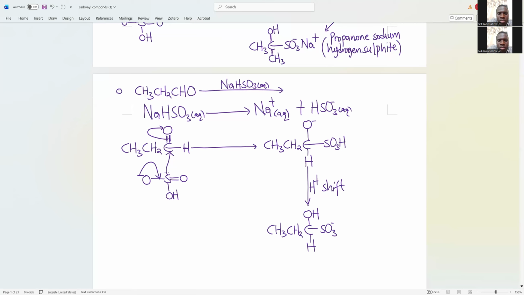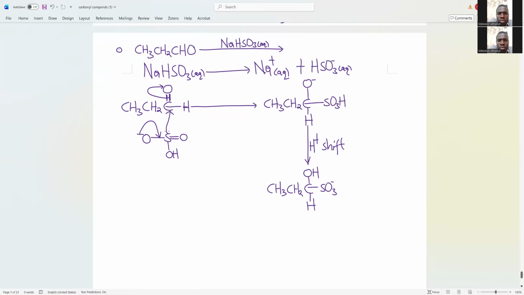Then at this level, I add sodium. On addition of sodium ions, since the solution is saturated, they are present in excess. They are added to that so that we get our final product. I have named a lot of compounds, so I don't need to name that.